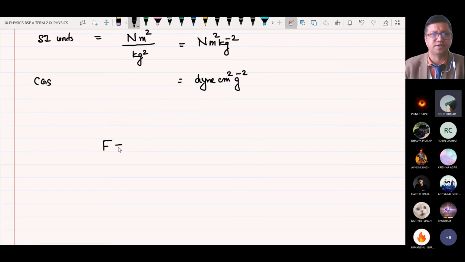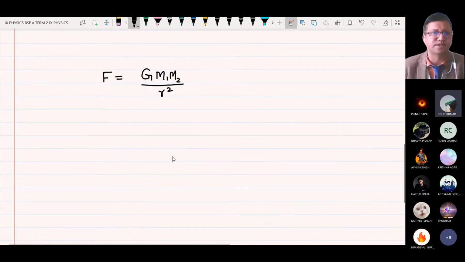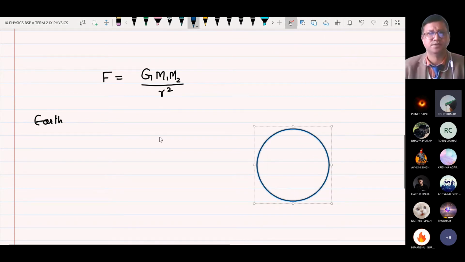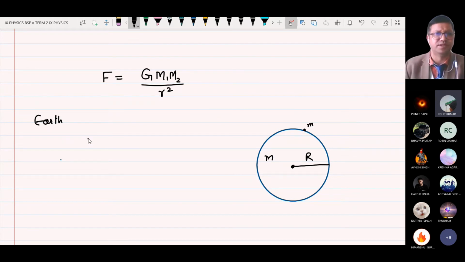This we will use for the numerical purpose. F is equal to G m1 m2 upon r square. और अगर मैं इसको अर्थ के केस में लगाता हूँ, तो कैसे यूज़ करूँगा? In case of earth, suppose this is the earth, this is its radius, this is its mass, this is the centre, and suppose we are here. तो सेम फार्मूला कैसे लगेगा?